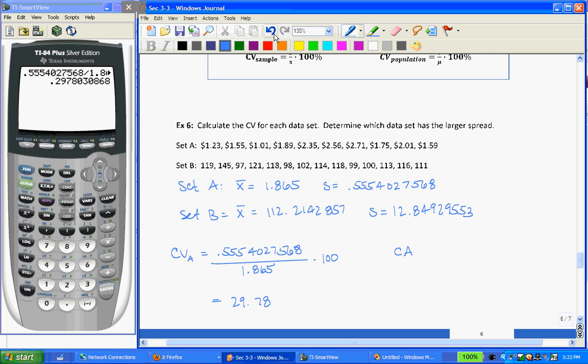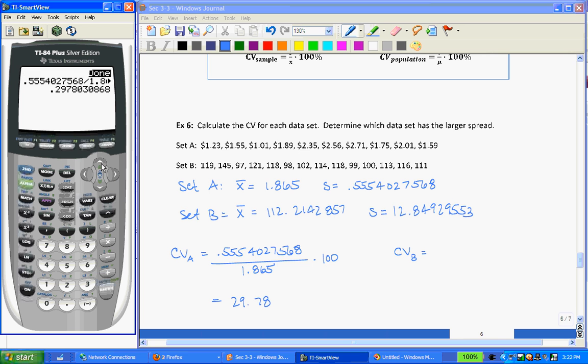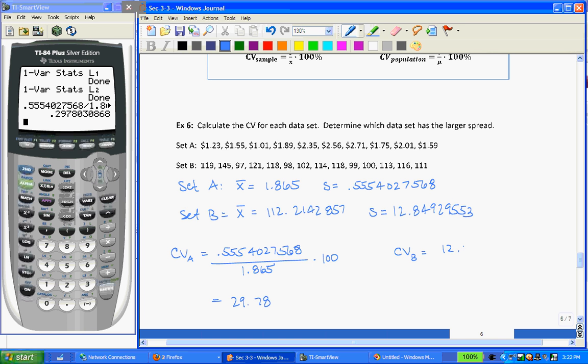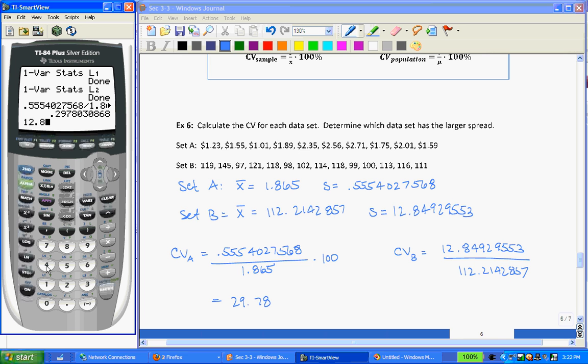And the coefficient of variation for B would be the standard deviation over the mean, times 100.